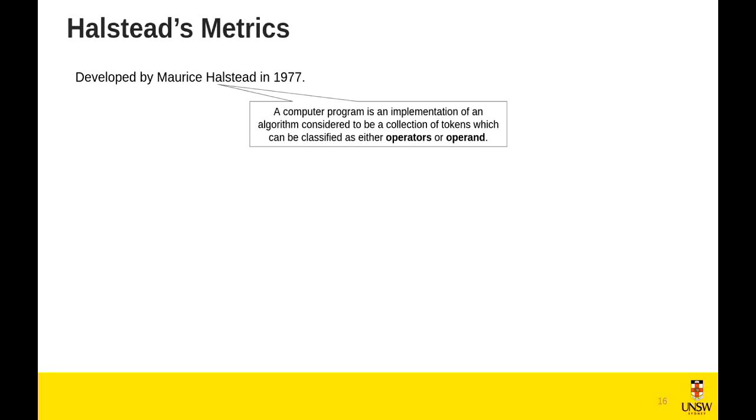Halstead proposed that computer programs could be viewed as a collection of tokens, and these tokens could be categorized as either operators or operands. Remember, it was proposed in 1977, and by that time there weren't many advanced programming languages.